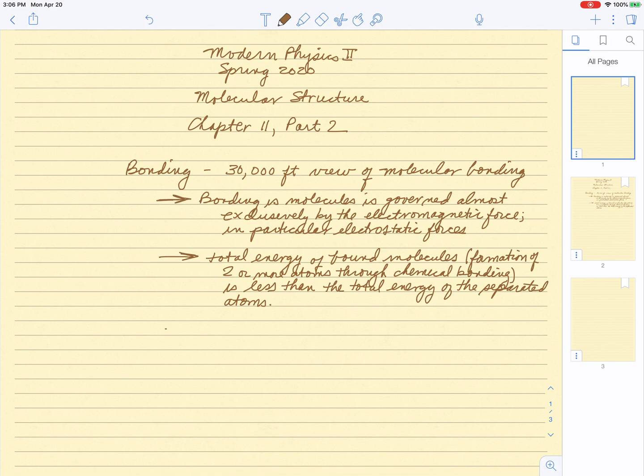And this energy difference is the energy required to break the molecule into its constituent atoms.